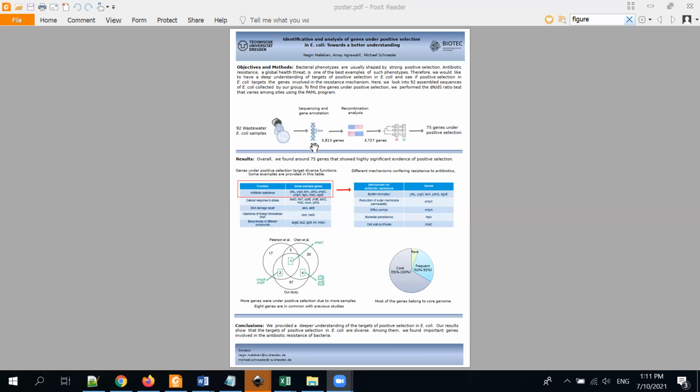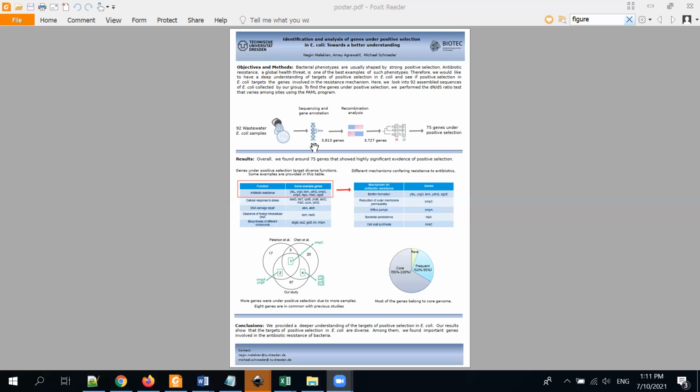using the PAML program. So first, we collected 92 wastewater E. coli samples. We sequenced and annotated the genes inside the genomes, and then we filtered the genes that are under recombination, because recombination of genes leads to false positives for this kind of dN to dS ratio test for positive selection.